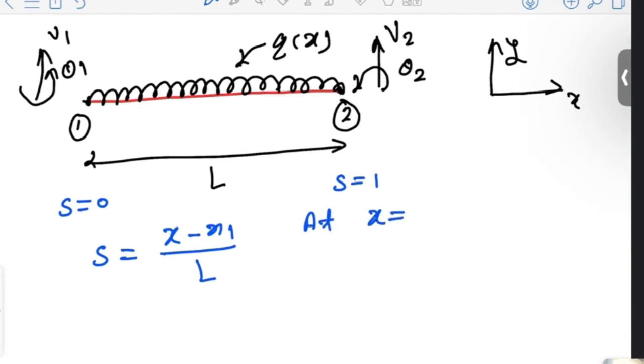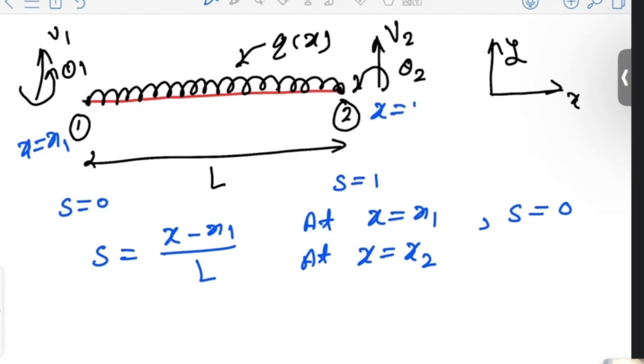At x equal to x1, s will be 0. At x equal to x2, the length will be x2 minus x1.